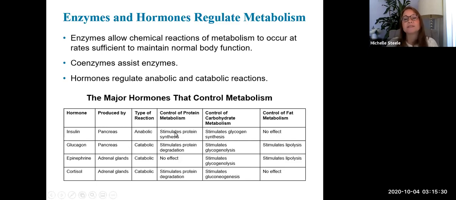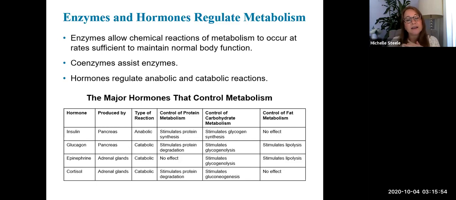In this case, where we're stimulating protein synthesis from amino acids, or we're stimulating glycogen synthesis from individual glucose units. It does not play a role in fat metabolism. So that insulin is facilitating an anabolic process, right? Our bodies are recognizing that it needs to go into a storage mode, right?